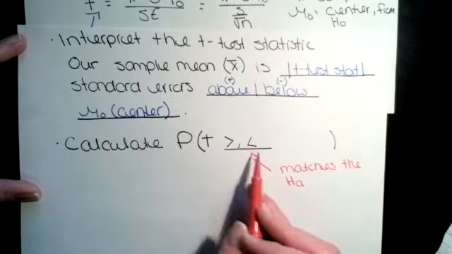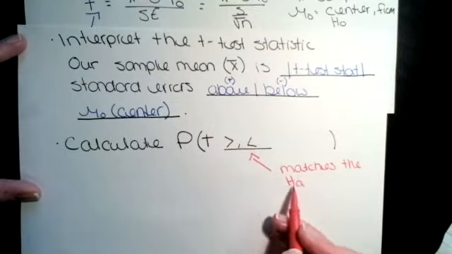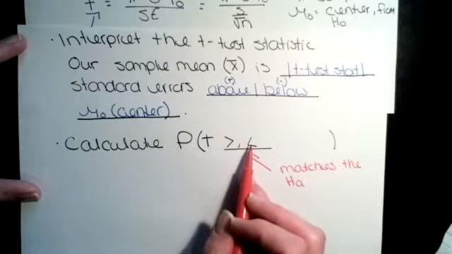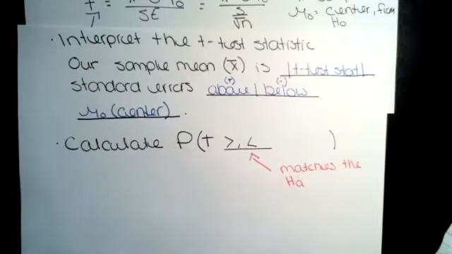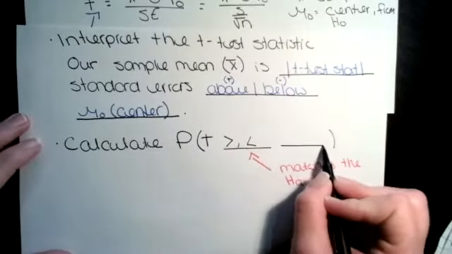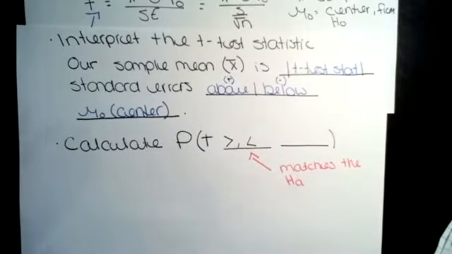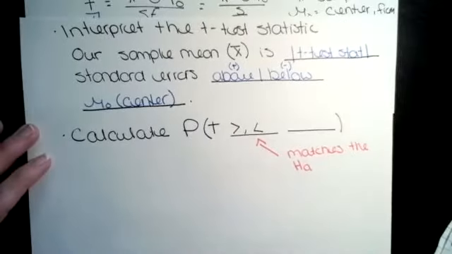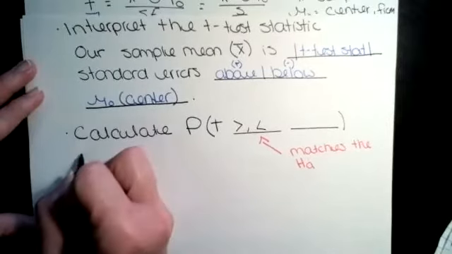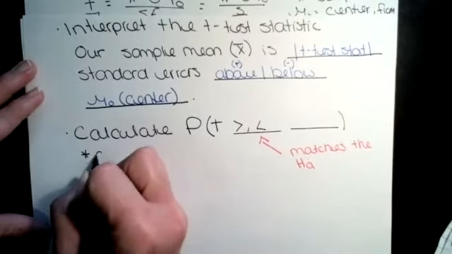Now, when it's a not equals, that's tricky. So when HA is not equals, then we'll talk about how to calculate which one, the less than or greater than. And that's where the pictures come into play here. So let's just talk about this. This is called the p-value.